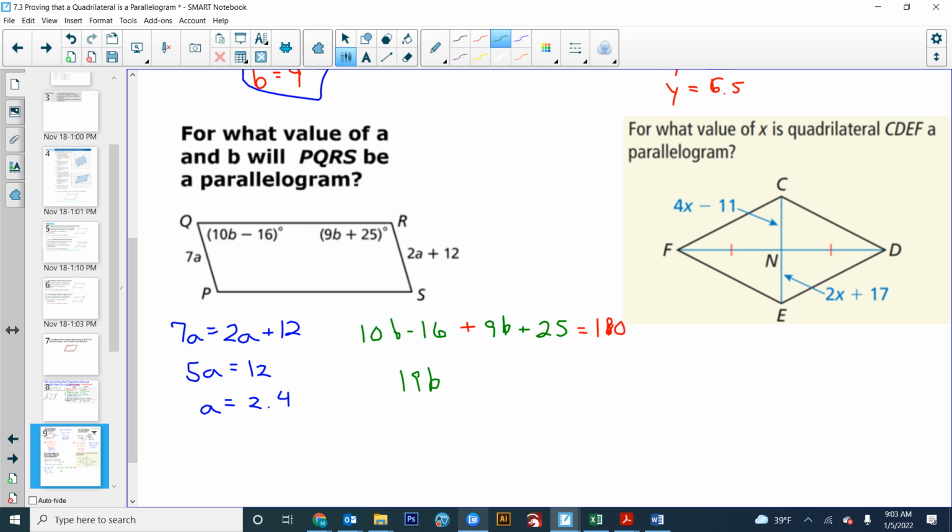Negative 16 plus 25 is 9. So 19b equals 171. Divide by 19. b is 9. Thanks.